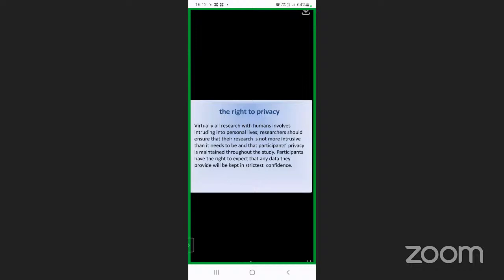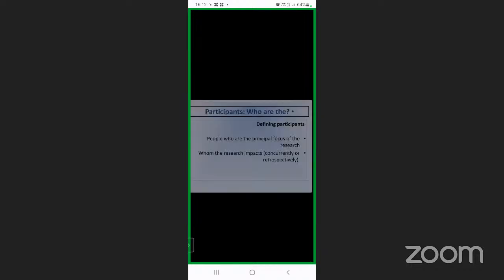So here, if we look at the participants, what is meant by a participant, or who are the participants? Here we are going to define the participants. Participants are the people who are the principal focus of the research.